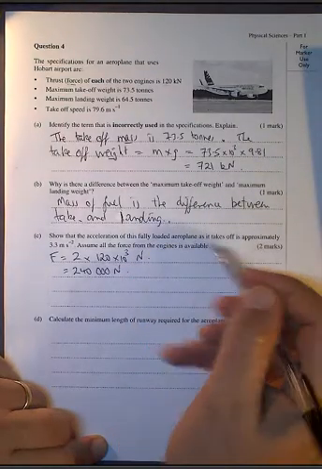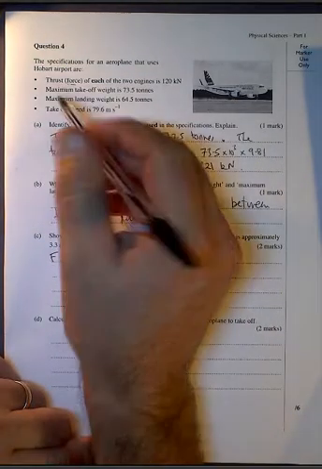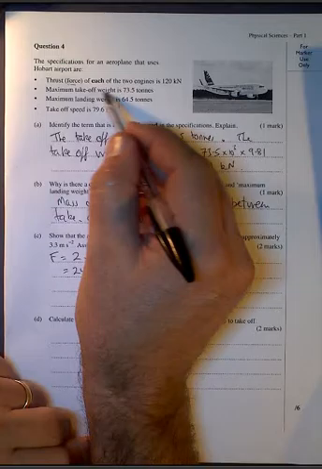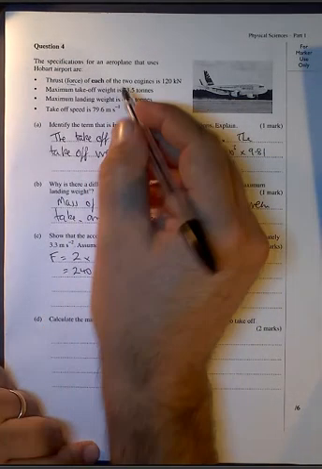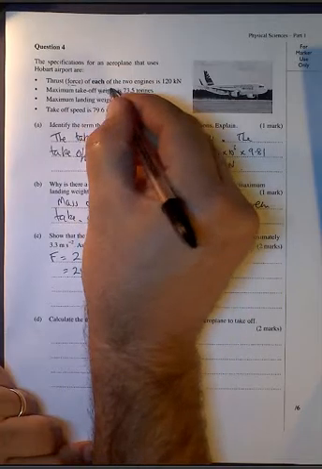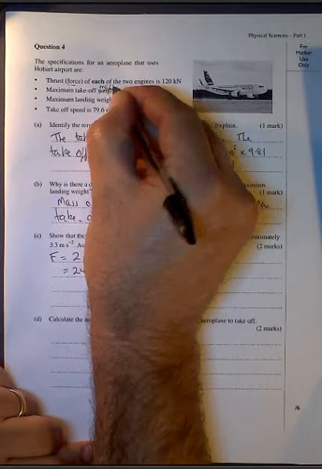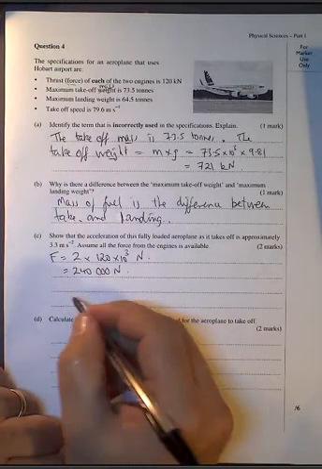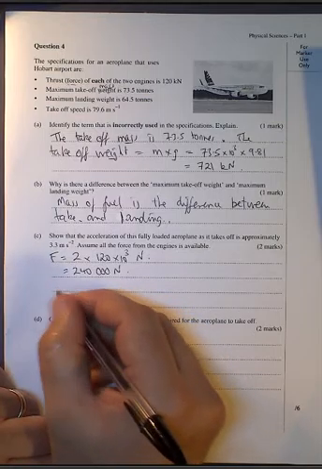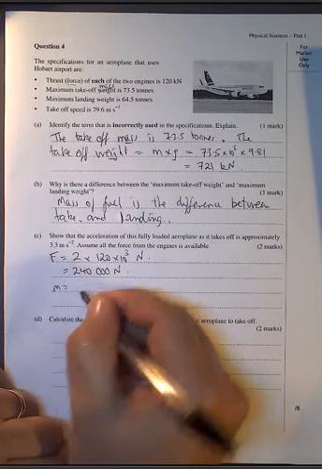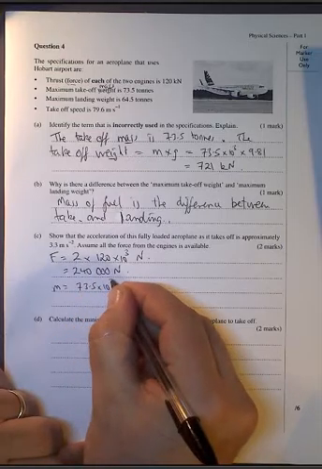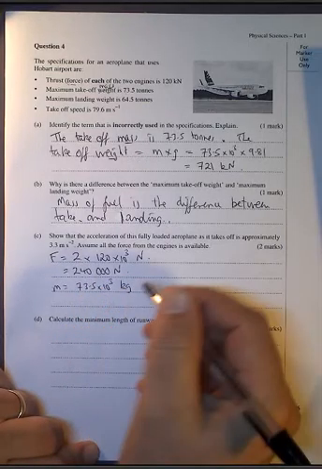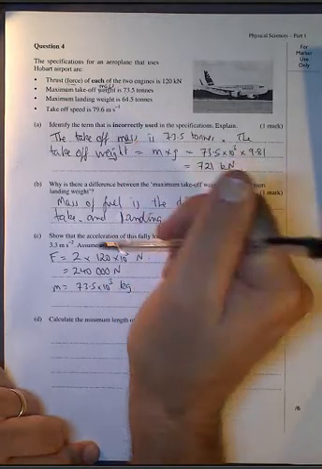This is approximately 3.3. Well, we do that because the maximum takeoff mass is 73.5 tonnes. We've already shown that, so I'll just put mass there. That is going to be m equals 73.5 times 10 to the 3 kilograms, because 1 tonne is equal to 1,000 kilograms.